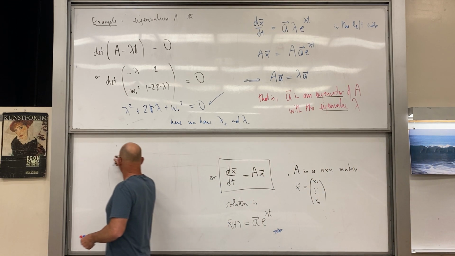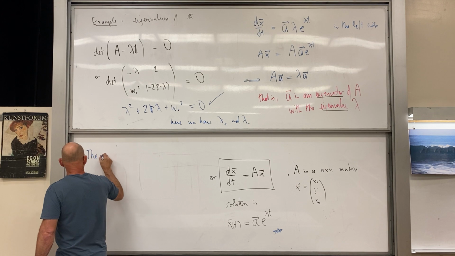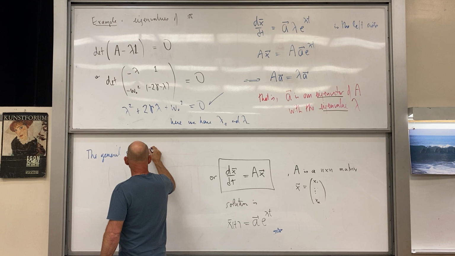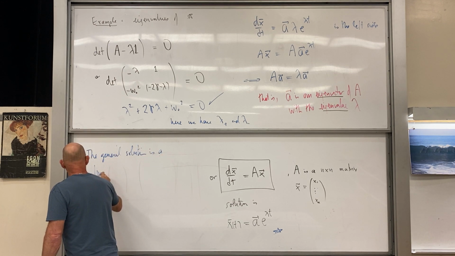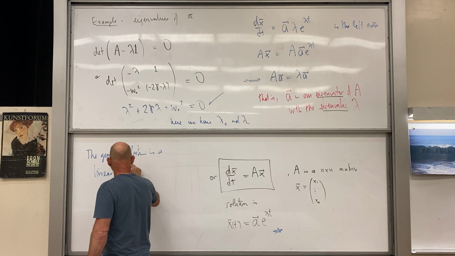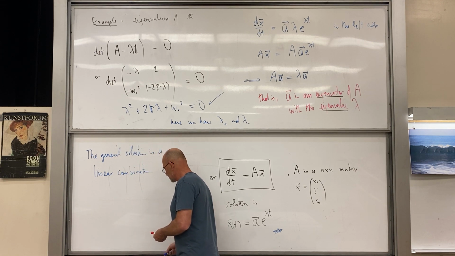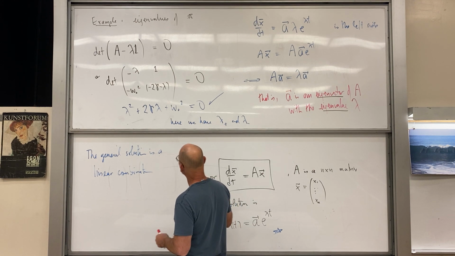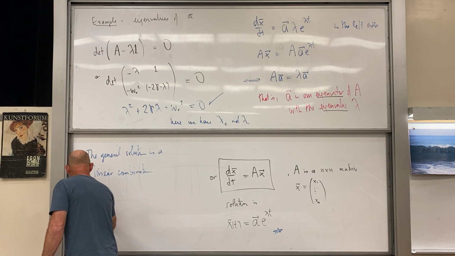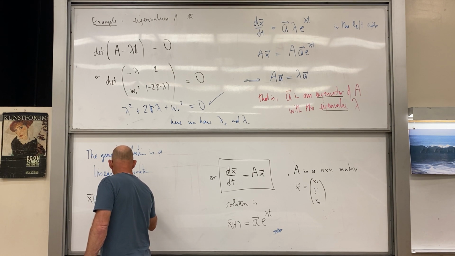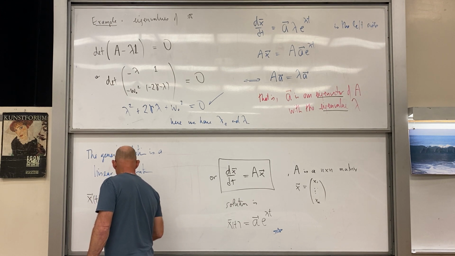So now I can say something about the general solution. The general solution is a linear combination, and we would say x of t, remember this is that vector, is going to be a sum over the a sub i.